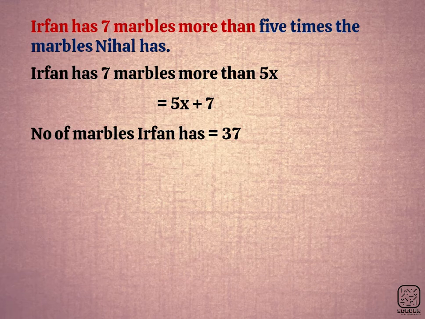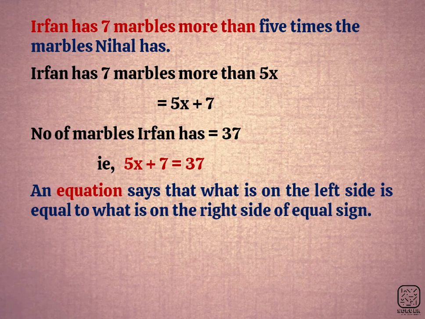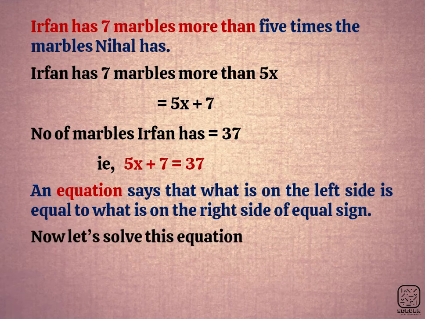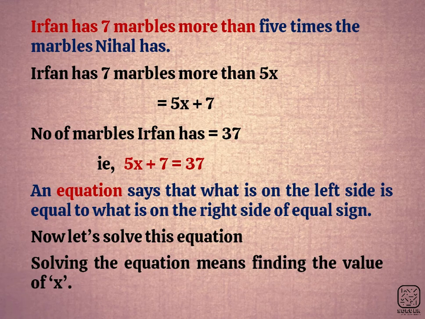That is already there in the question. So 5x plus 7 is equal to 37. That is our equation. Now what is an equation? An equation says that what is on the left side is equal to what is on the right side of the equal sign. Now let's solve this equation. Solving the equation means finding the value of x.